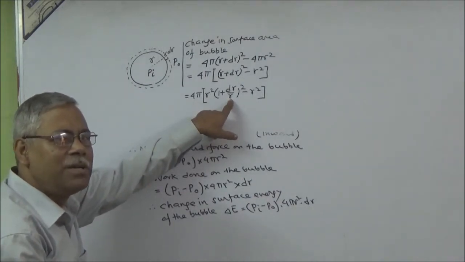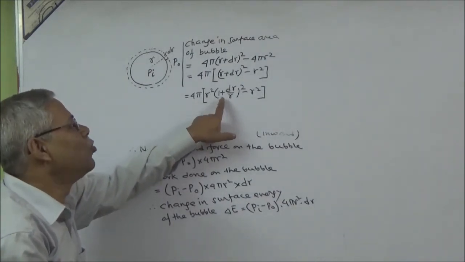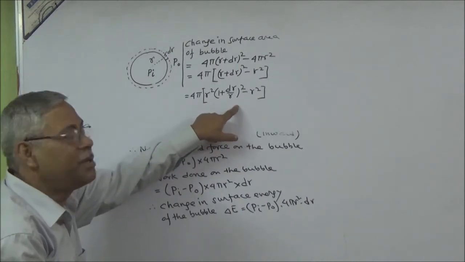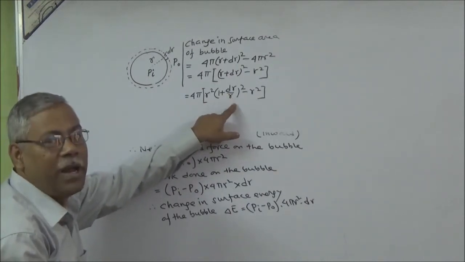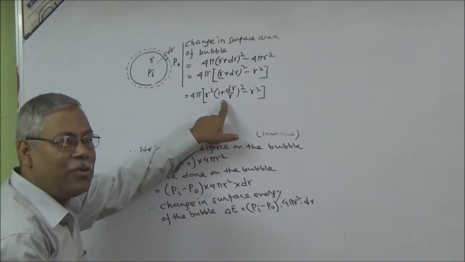Extremely small. Since it is extremely small, we can go for binomial approximation: (1 plus del x) whole to the power n equal to 1 plus n into del x.